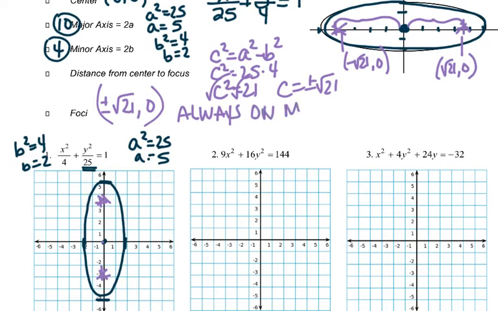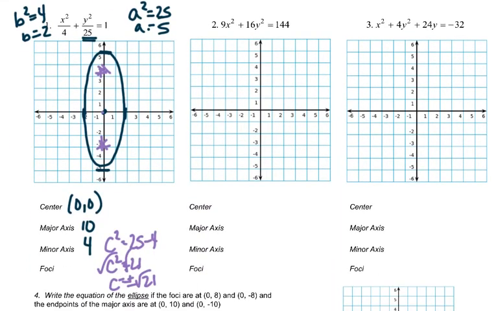So here it was right-left in the first example. Here it's up-down. So this ordered pair is 0, negative root 21 and 0, positive root 21. Or we can write the foci as 0, plus or minus root 21.